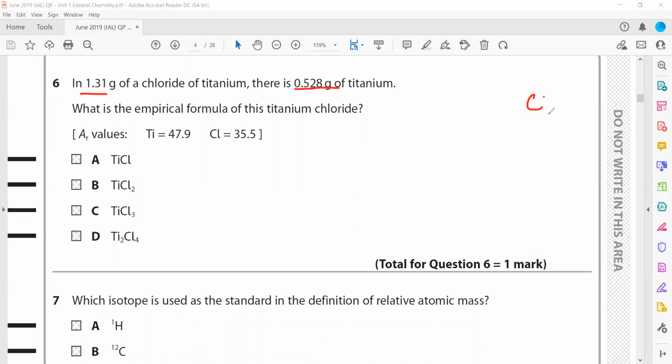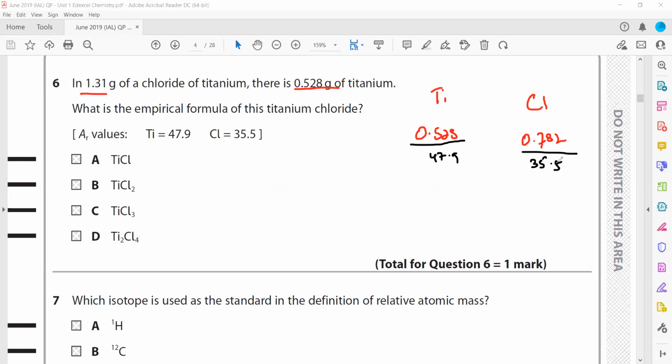So mass of chlorine is equal to 0.782, sorry. And mass of titanium, that is given, 0.528. Then divide by atomic mass, 47.9 and 35.5.